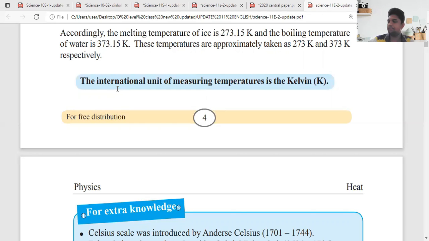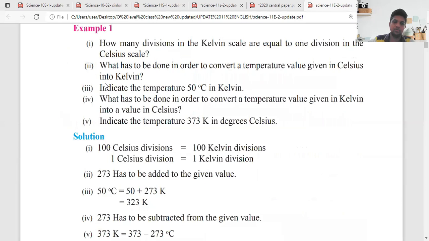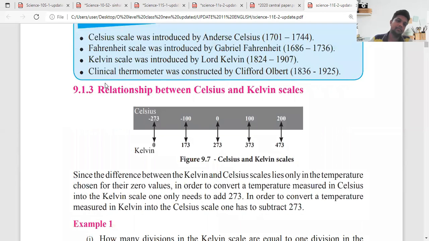Okay, done. Then after that we have to do a few more calculations based on this. Write the point down: relationship between Kelvin and Celsius scales.